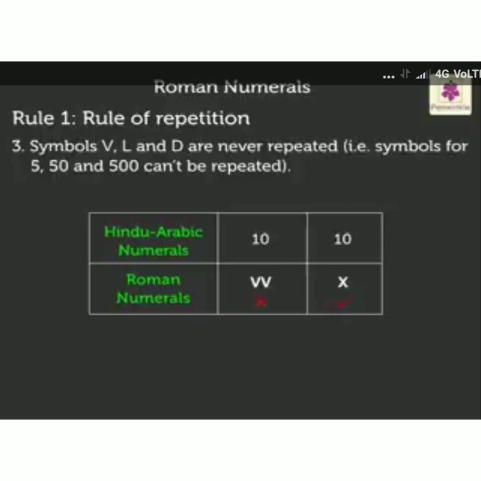For example, I am writing 10. I cannot write 10 by writing V twice, because V will not be repeated. I could write only X. So V, L, D are never repeated. V represents 5, L represents 50 and D represents 500. So these symbols will never be repeated.